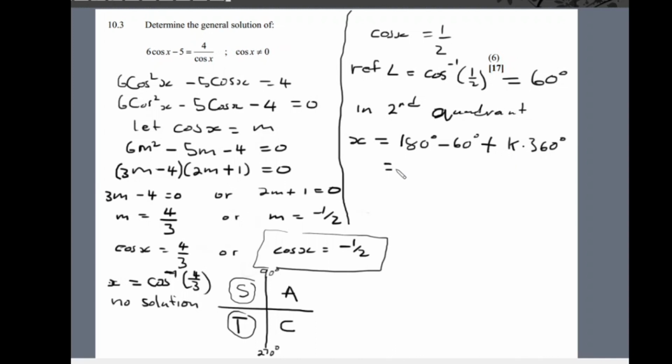So in the second quadrant, it will be 120 degrees plus k 360 degrees, where k is an element of the integers, right? So now that is the solution. These ones will give us the solutions in the second quadrant.